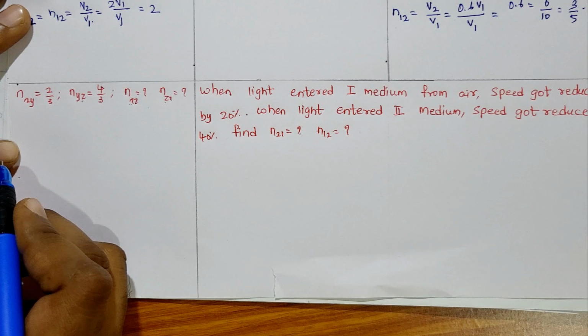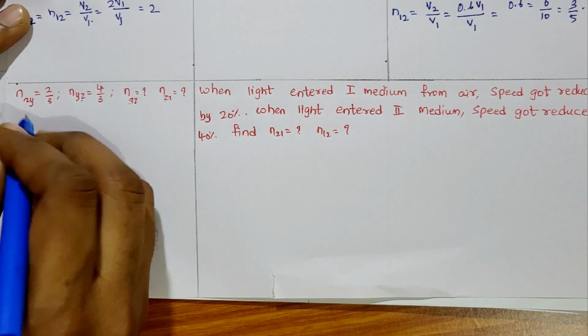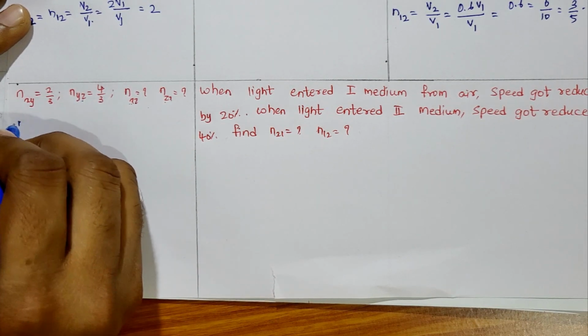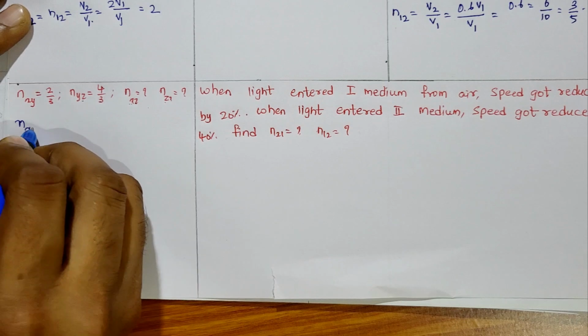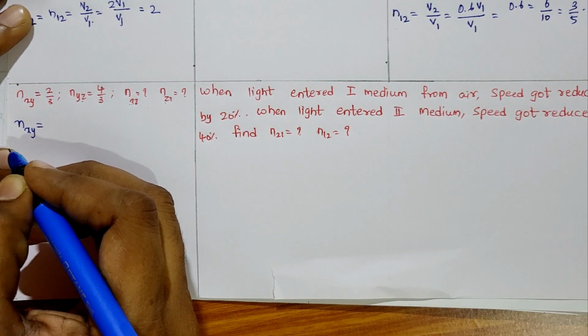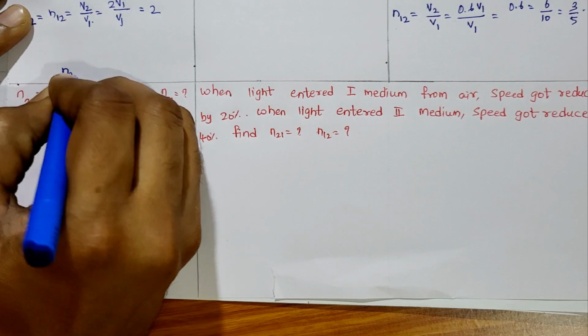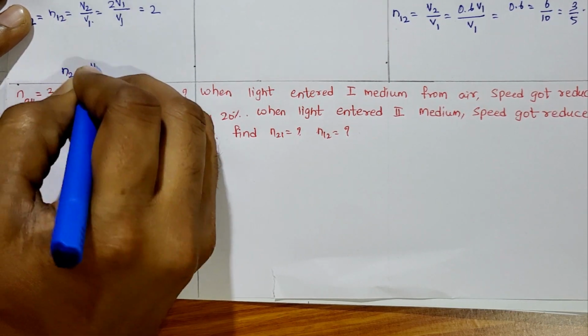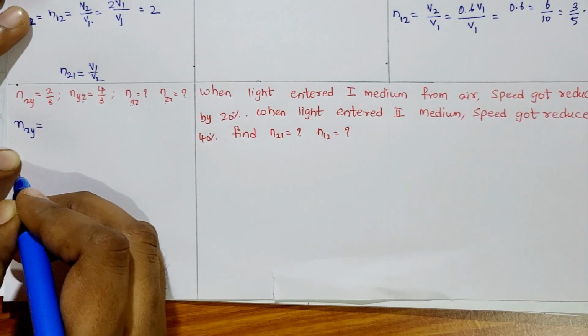So now let us find out. Refractive index of X medium with respect to Y medium, what is N21? N21 will be equal to V1 divided by V2. Correct?